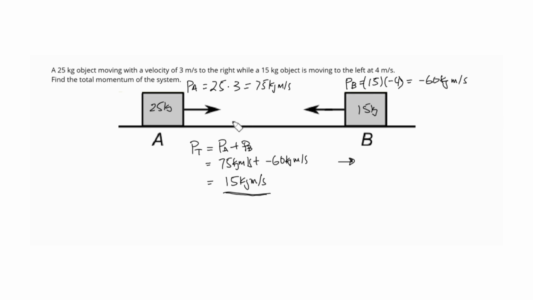So at this point we're just seeing how we calculate the momentum of a system with two objects. We simply add them together, and because they're vectors, we have to pay attention to the direction.